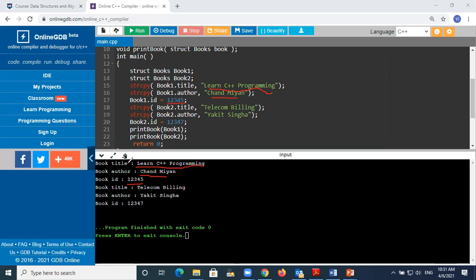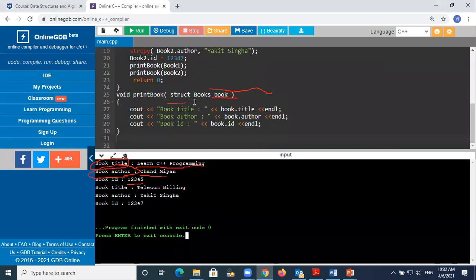And then also here, the book title. Where did you get the book title from? This book title and book author, where does this appear? This is coming from this part here, cout. When you see the cout, there is a book title, and then book author, and then book ID.